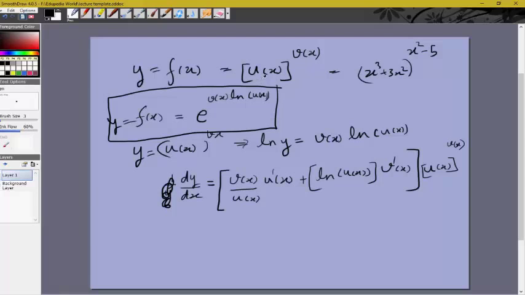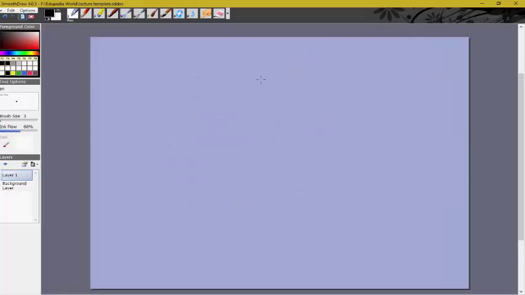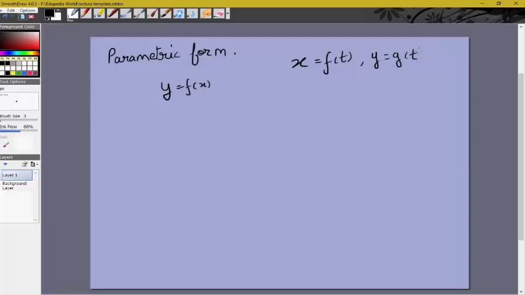Another type of function we would like to differentiate is a function in a parametric form. So if you have y is equal to f of x, that means for every x there is a particular value of y. But sometimes both x and y can depend on a third variable t. Let's say x is equal to f of t and y is equal to g of t.